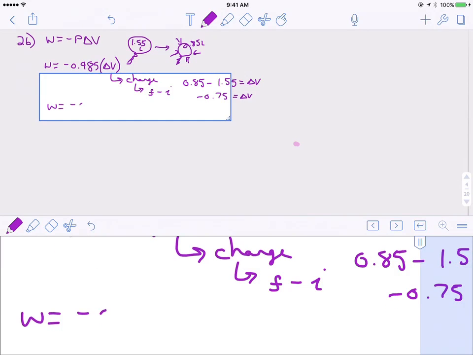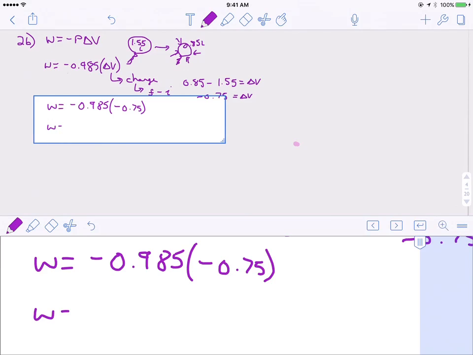W is equal to negative 0.985 times negative 0.75. Cool. And that leaves us with work equaling 0.685. And my units in this case, liters times ATM. Now, where did I get that?